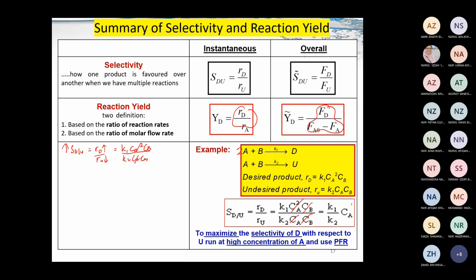So this one cancel, cancel, cancel. And then what remains is K1 CA over K2. Means that kalau you tengok sini kita nak high ke atas kan. So means that kita nak dapatkan selectivity tinggi by having a higher concentration of A. So daripada situ kita boleh tahulah kita perlukan high concentration of A.